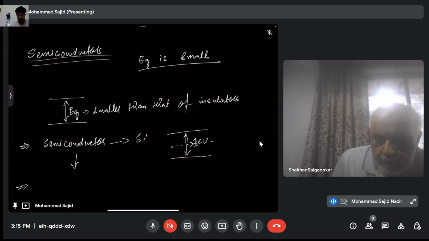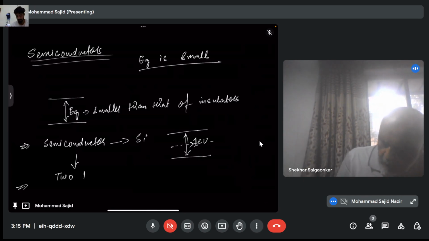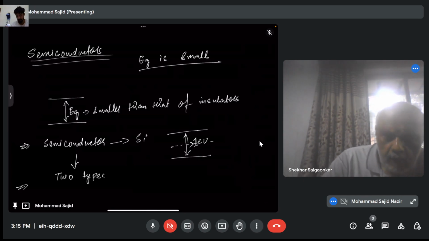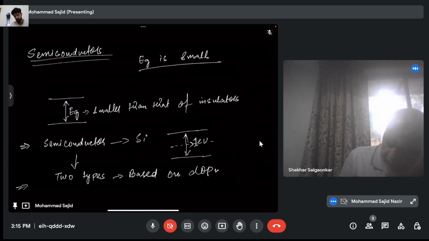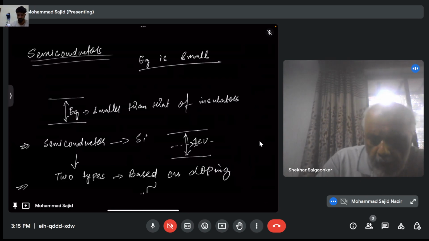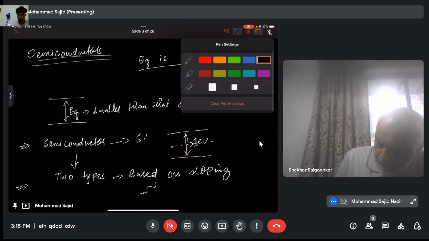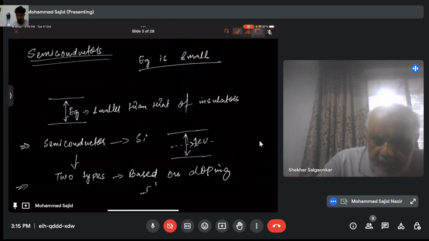The semiconductors are of two types, based on doping: intrinsic and extrinsic.